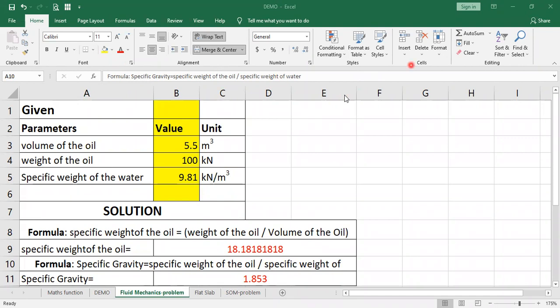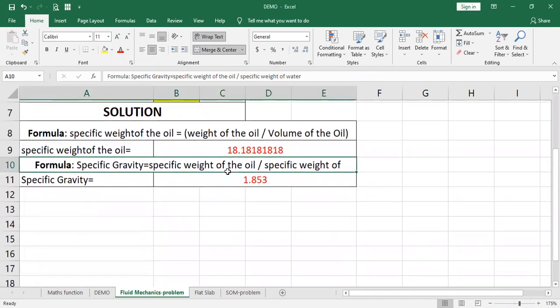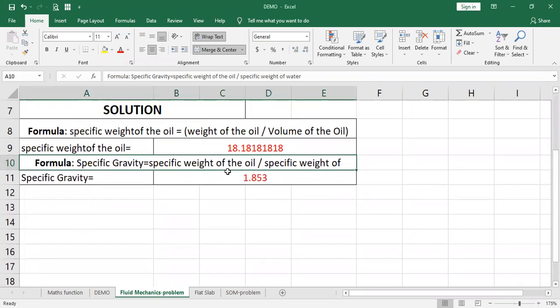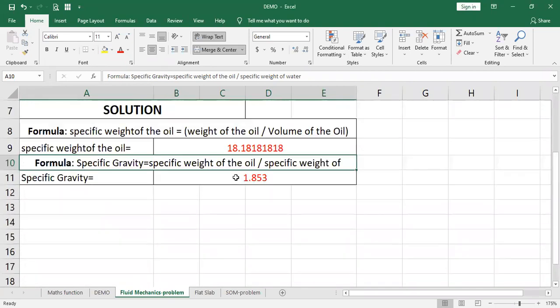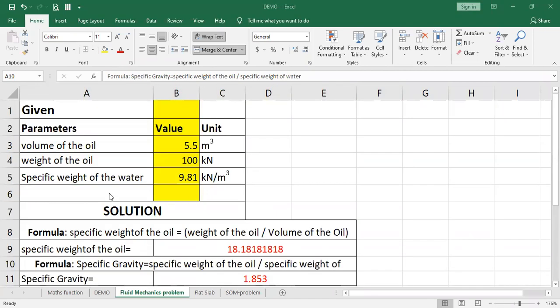Now sometimes what happens is that you scroll down, and you do not know what the given parameter is. Just look, you are scrolling down, you do not know the given parameter. So what should be done in that case?